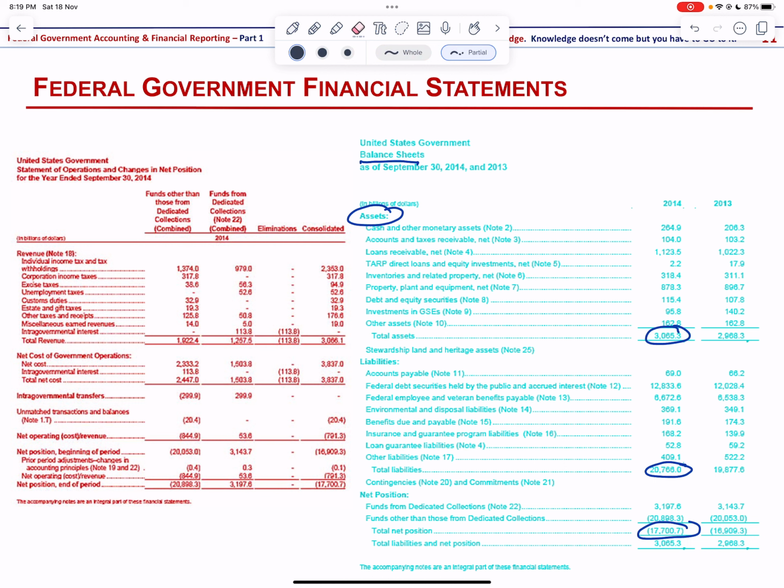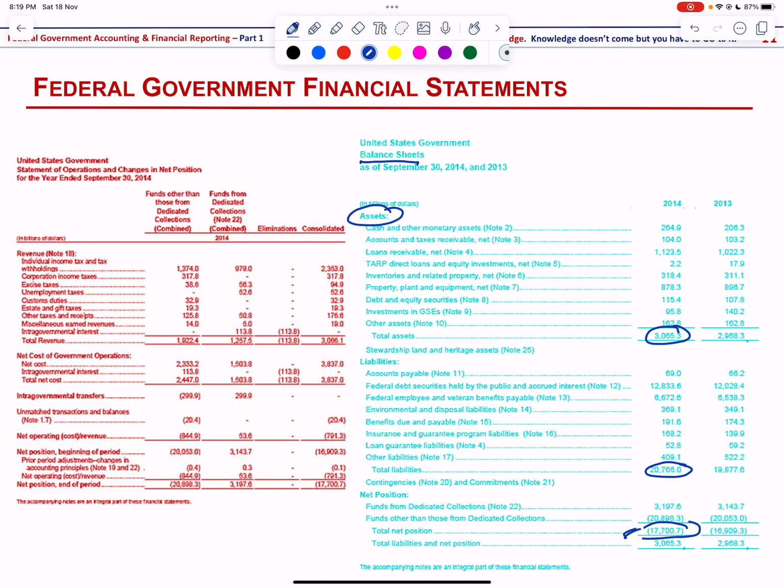Now, the total net position is equal to the earmarked funds plus non-earmarked funds. You can see that they are recorded over here.